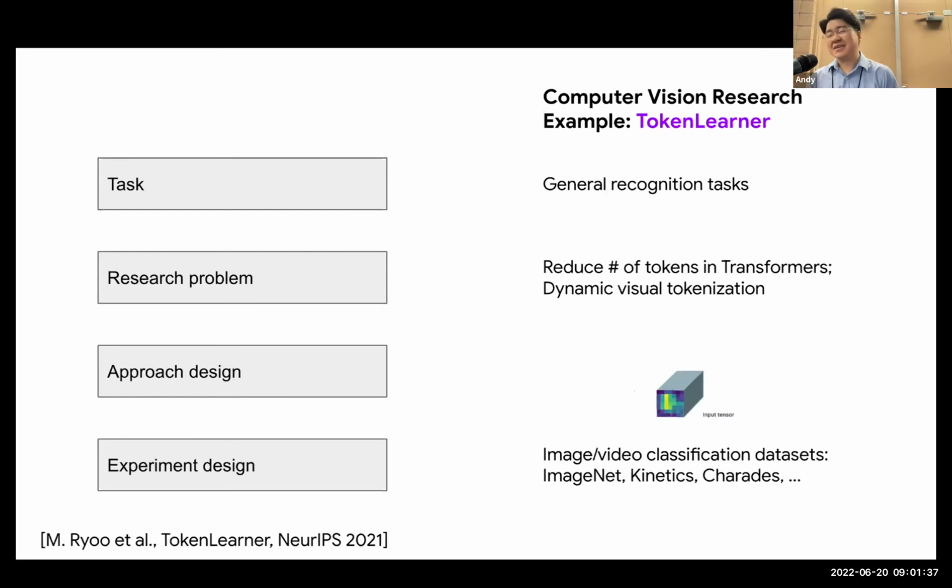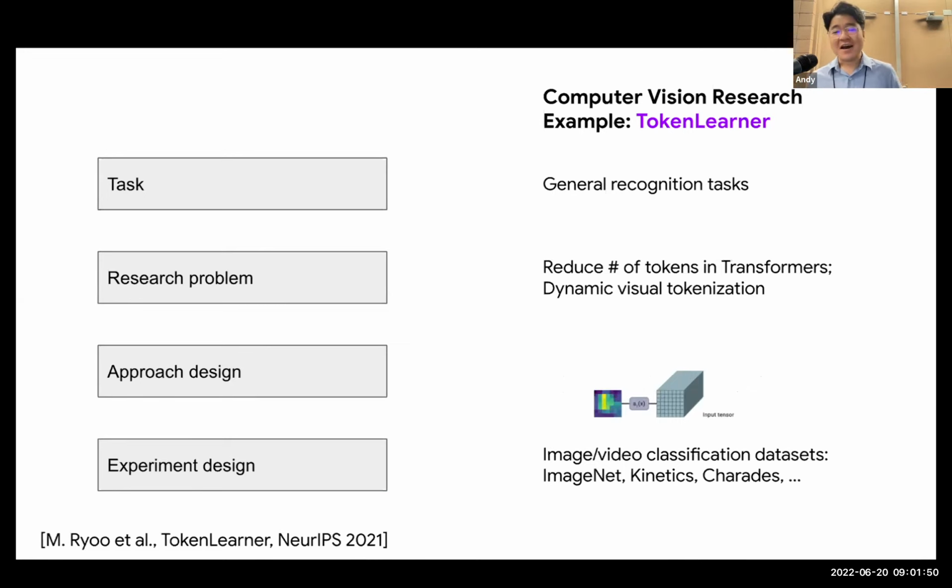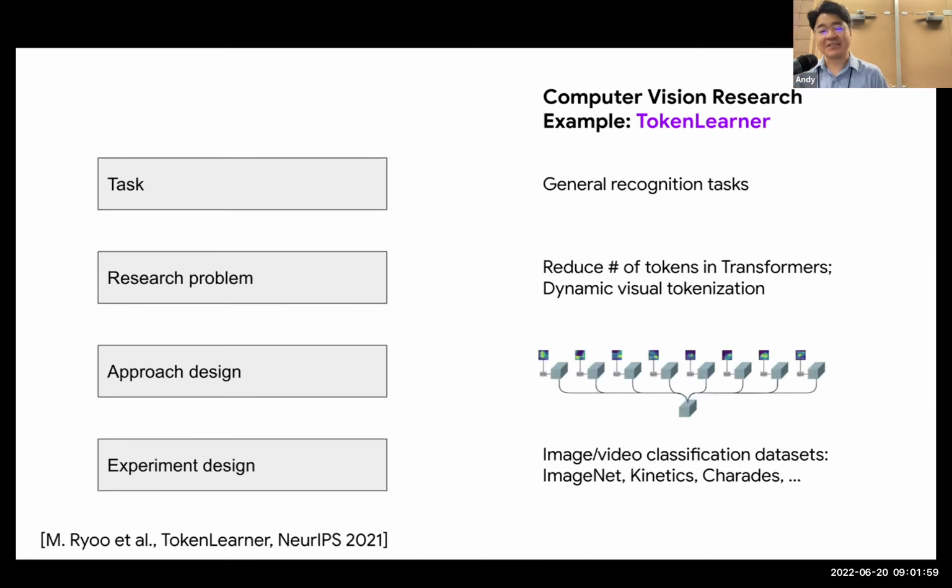And sorry for embarrassingly bringing my own paper as an example, but this is TokenLearner. If you look at TokenLearner, it actually falls into this kind of flow. The task in this case was general recognition, including object recognition and video recognition, mostly image classification and video classification.